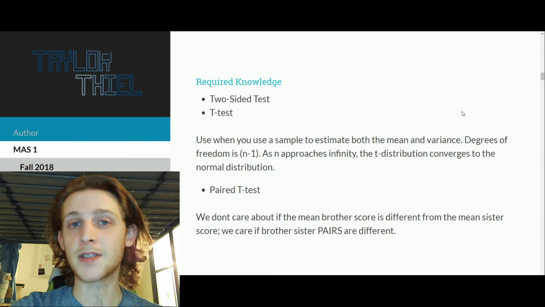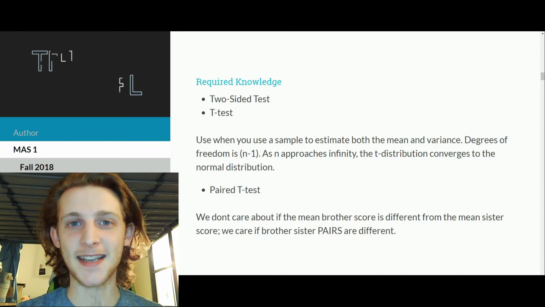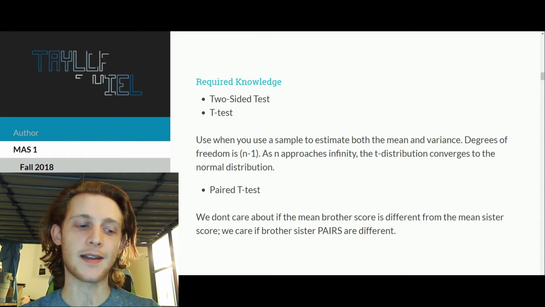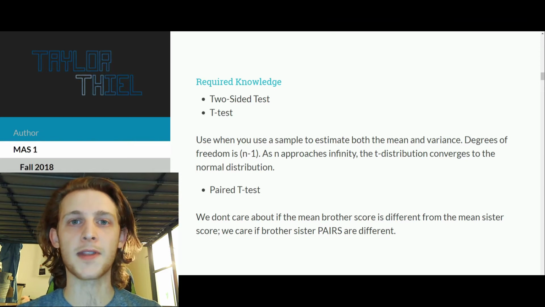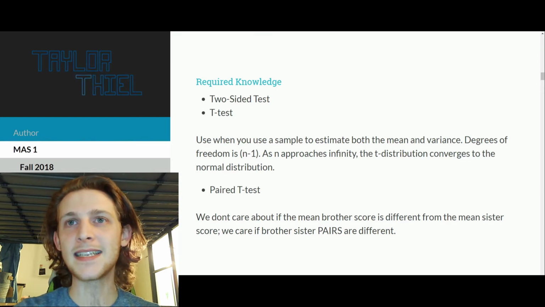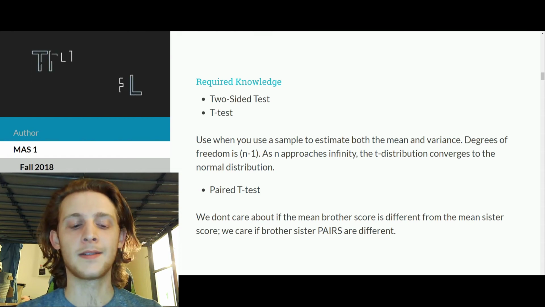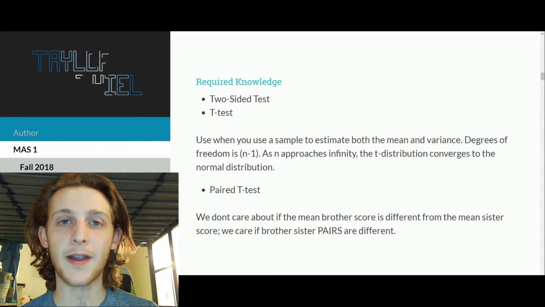Second thing is when to use a t-test. So one of the first things you learn is a z-test, where all you want to do is test for a difference in the sample average, or you're testing for the average. A t-test is when you are not only having to estimate the sample average, but you also have to estimate your variance.